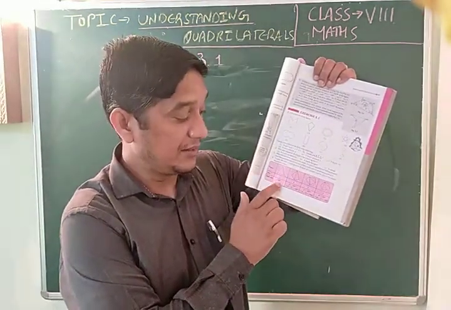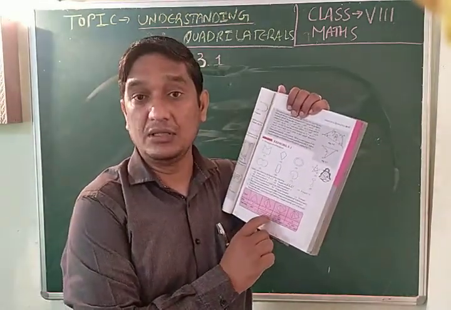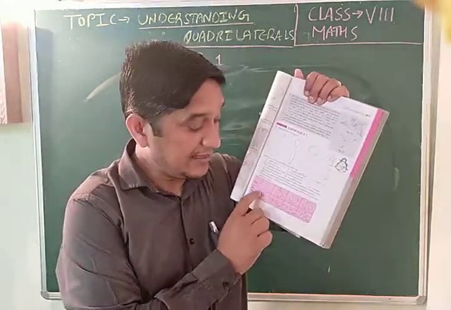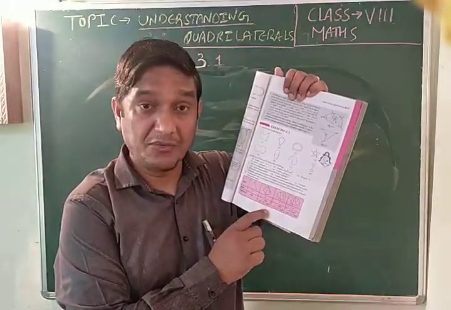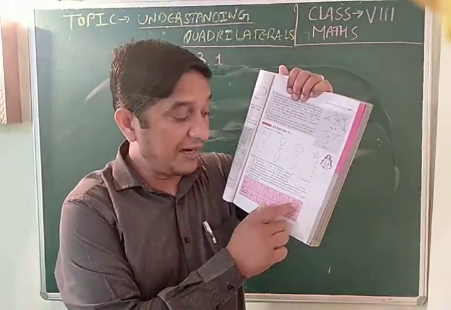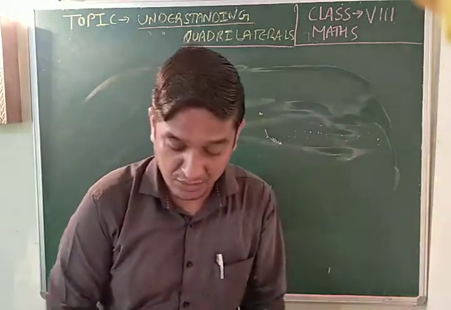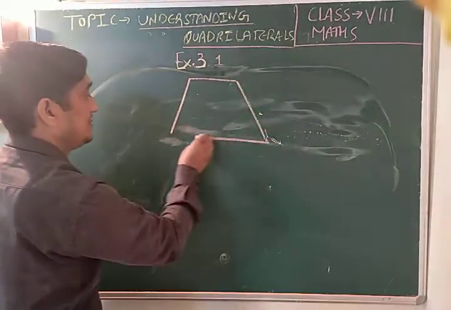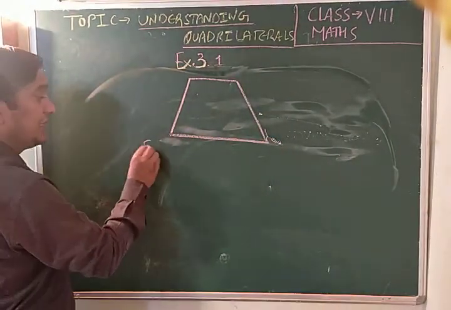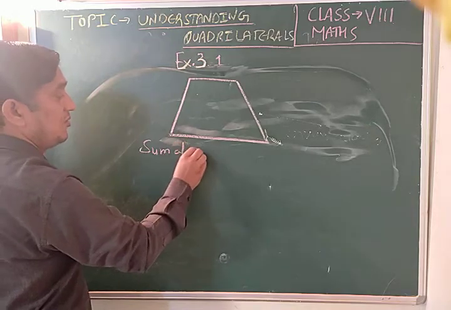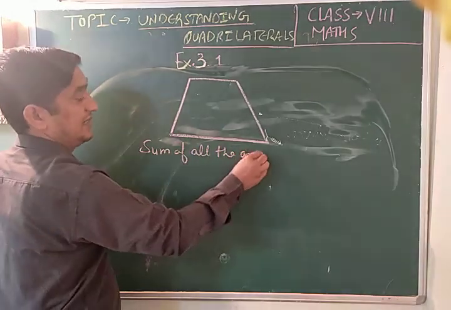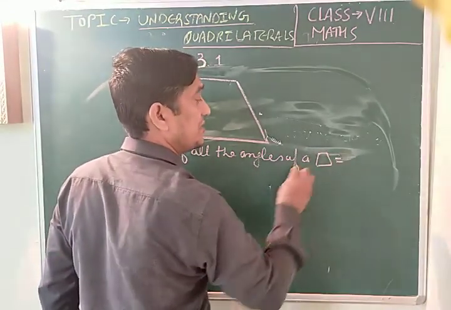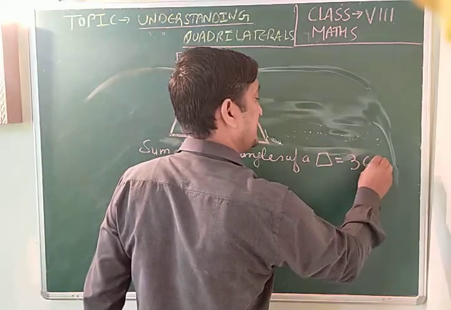Now children, we learn how to find the sum of all the interior angles of a polygon. Here they find the sum of all the interior angles by dividing the polygon into triangles like this. Suppose this is a quadrilateral and we know that the sum of all the angles of a quadrilateral is equal to 360 degrees.